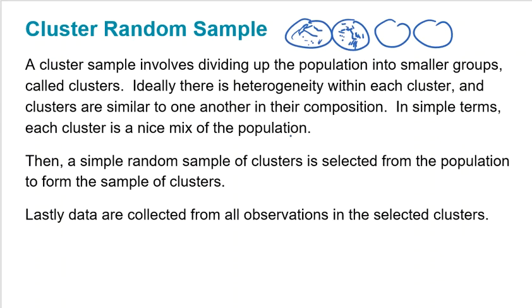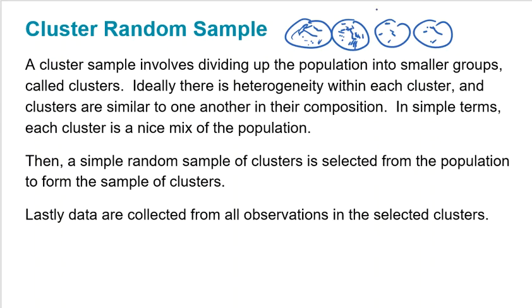It's going to be very mixed. Same with this group. Same with this group. So here's the idea. Each cluster is itself like a mini population. Think about that. Each cluster is itself a mini population because each cluster has a nice mix, which represents the population.